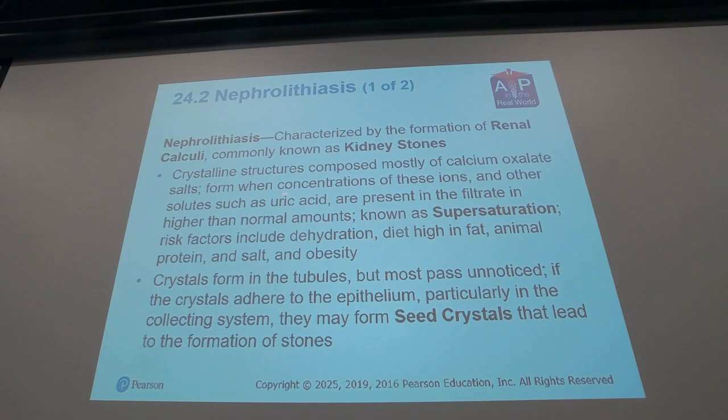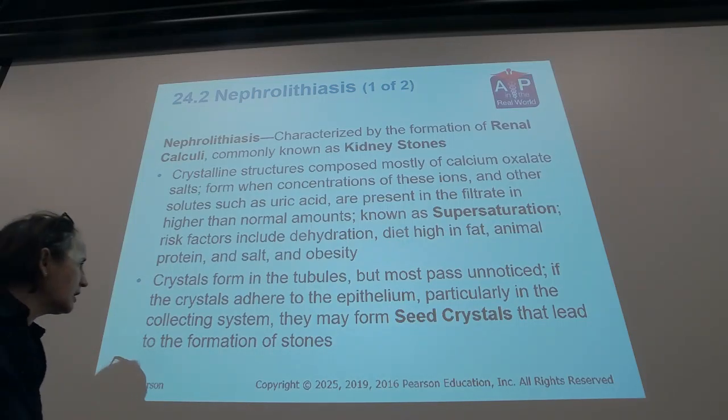And sometimes you can also have other items in these calculi or stones, like uric acid. This happens because you supersaturate these molecules in your body. Sometimes the risk factors are a diet rich in proteins, fat, salt, and also poor intake of water.